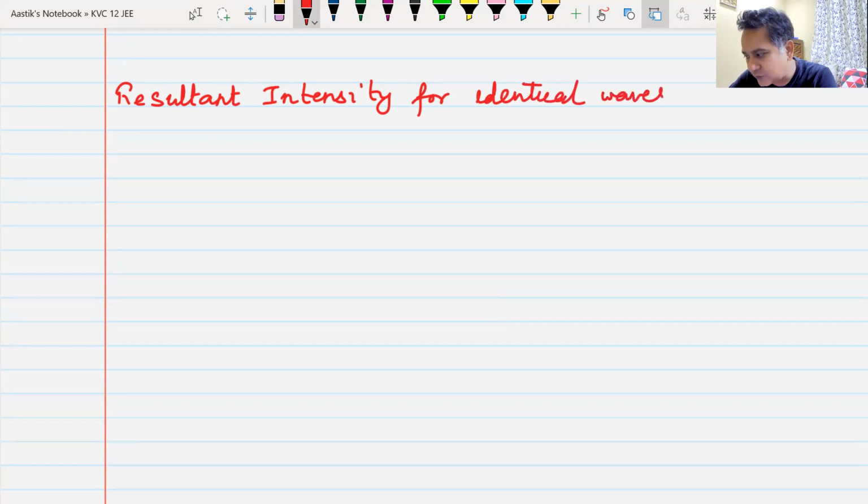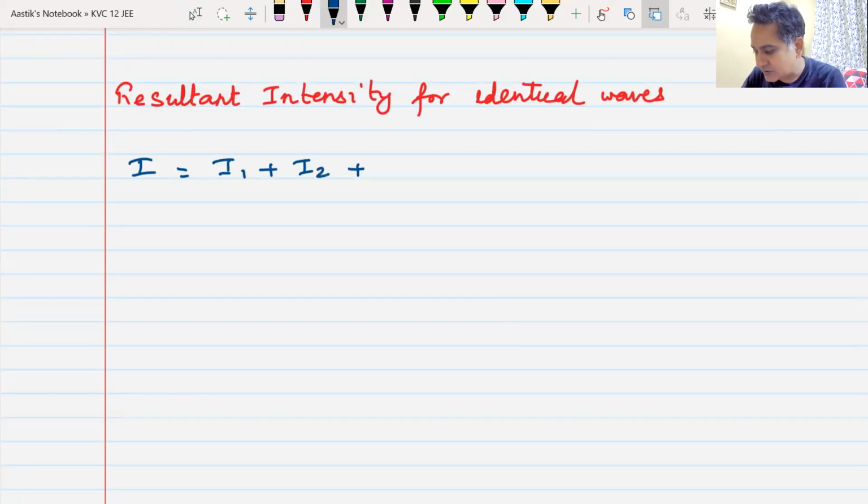So this is how I write it. The formula for intensity was I1 plus I2 plus 2 times root over I1 I2 cos phi. Now if I have identical waves, that means I1 will be equal to I2 will be equal to I0.